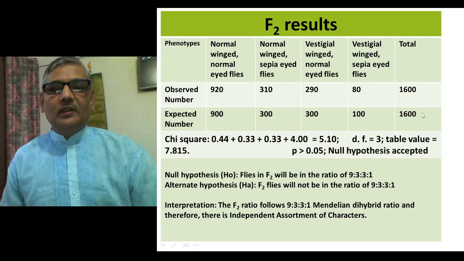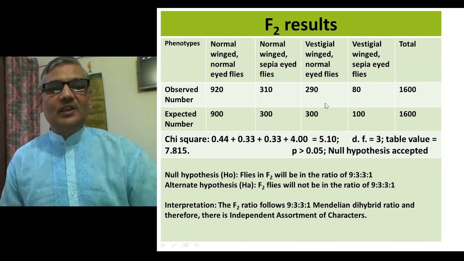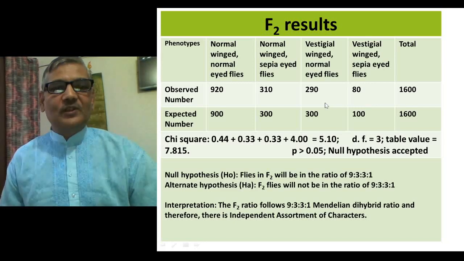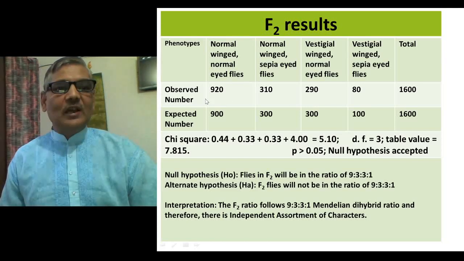What we know is that out of 1600, 9/16 will have to be normal for both the features, because the ratio is 9:3:3:1 and the total becomes 16. Then 3/16 and 3/16 should be normal for one feature and mutant for the other feature. And 1/16 individuals will be of such kind who will have mutation for both the features.